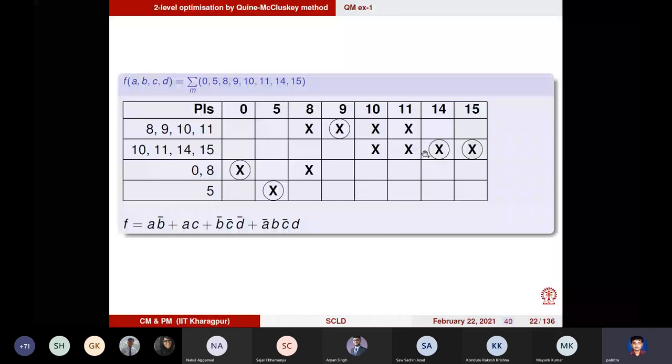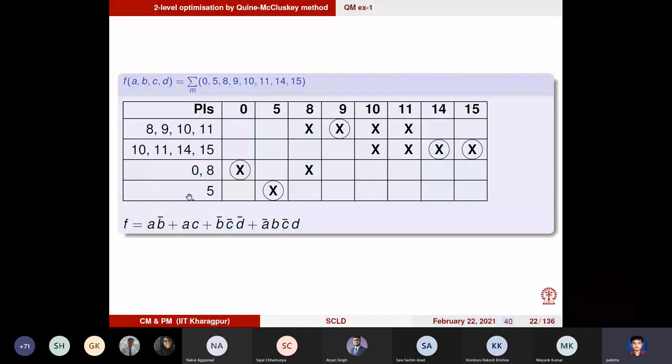Similarly, 8, 9, 10, 11 covers 8, 9, and it also covers 10, 11. So I can form a reduced prime implicant chart where I drop the 10 and 11 columns because they are already covered. I need not bother about them anymore, because 8, 9, 10, 11 is an essential prime implicant.